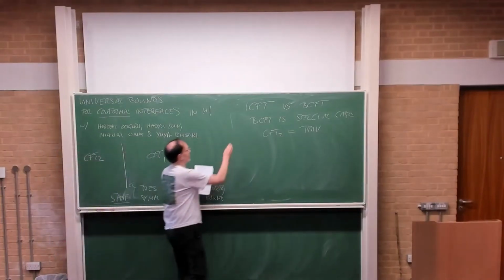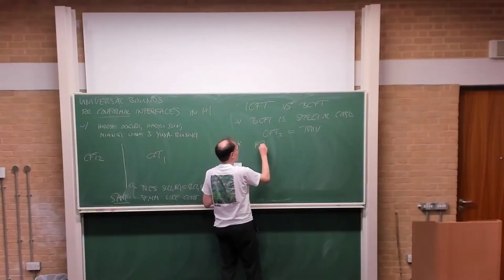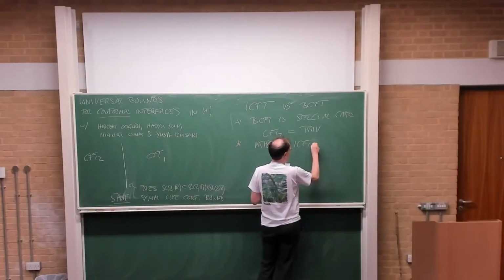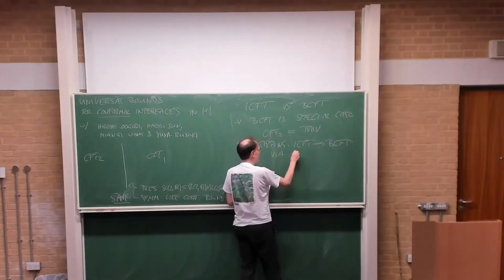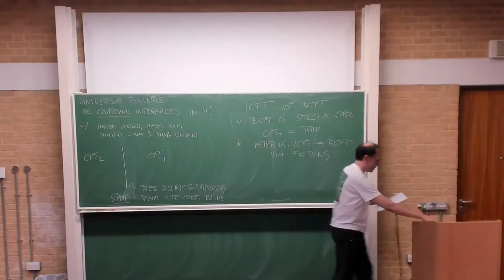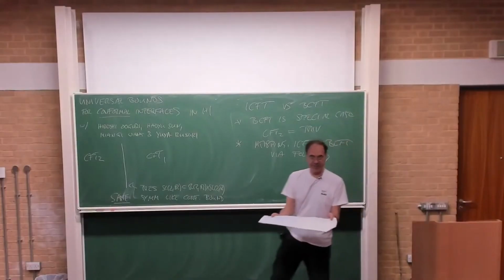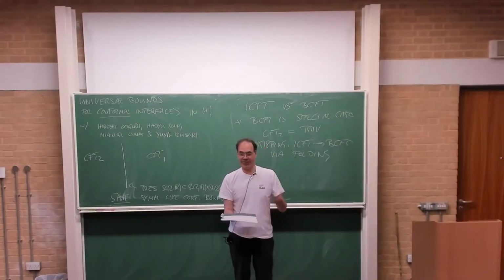But there's also this general structure that any ICFT can be turned into a BCFT via what people call the folding trick. That's most easily demonstrated with a piece of paper. If you have a conformal interface, I can always do this, and now the interface is turned into a boundary for the product CFT.